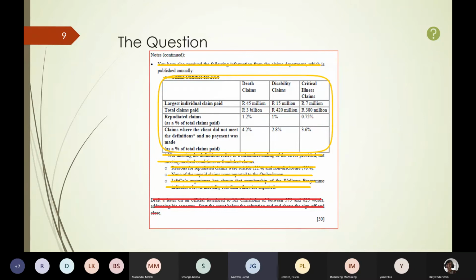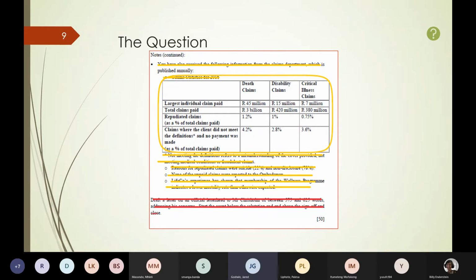And then you had this table with, for example, the largest individual claim, maybe the death claims, or from a total point of view, maybe a total cover point of view, you can add up these ones and then have his cover and compare it. And then you showed that his cover was 50% of that, for example. Then I think a table is great.